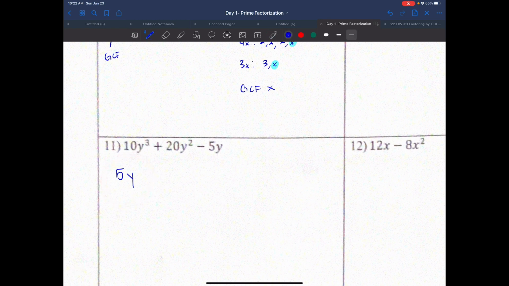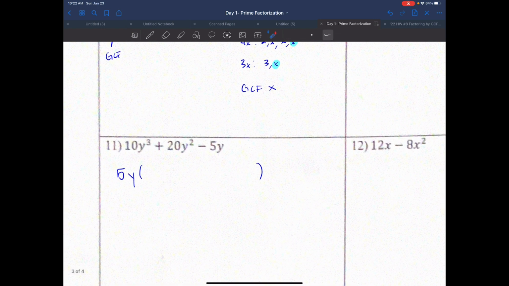Now I'm going to put the parentheses right after, and then figure out, well, 5y times something is going to give me 10y squared. Well, 5 times 2 is 10, so I'm going to put a 2 here. And then y times y squared is going to give me y cubed, so let's put y squared there.